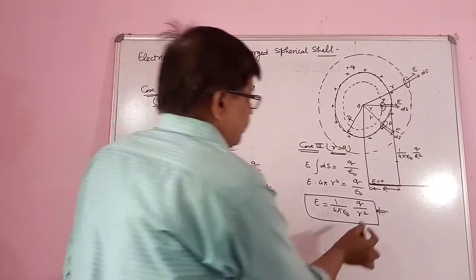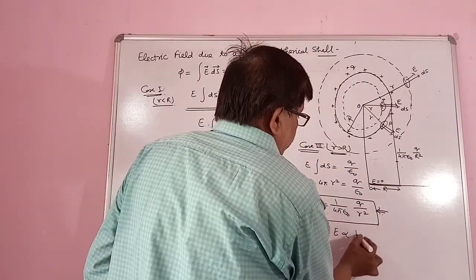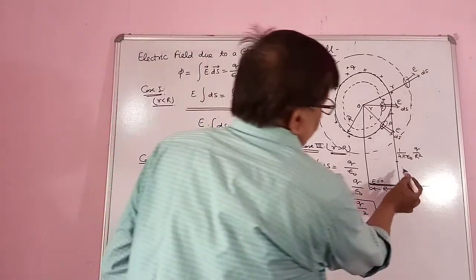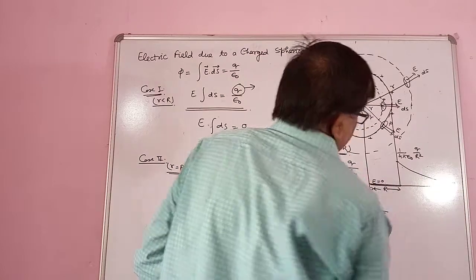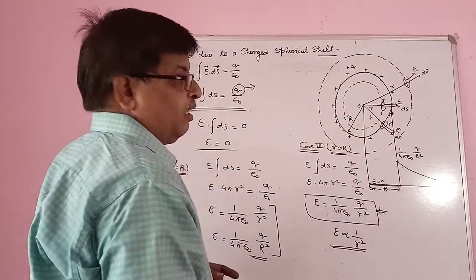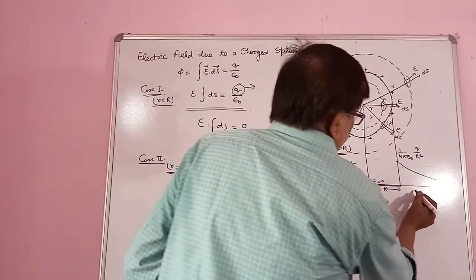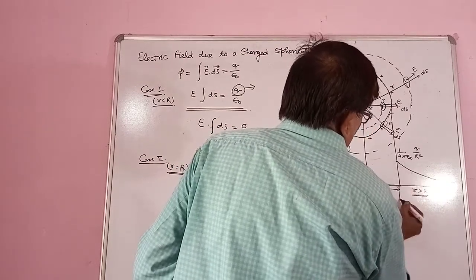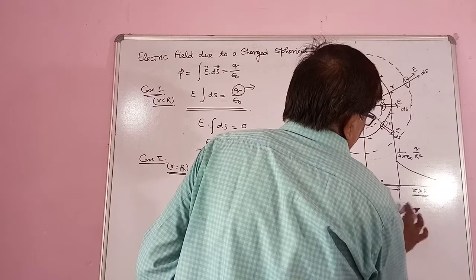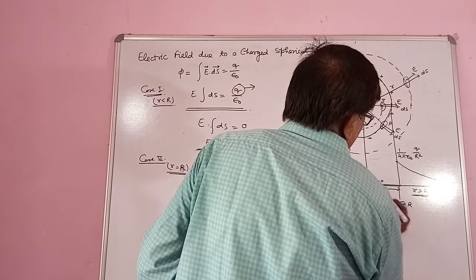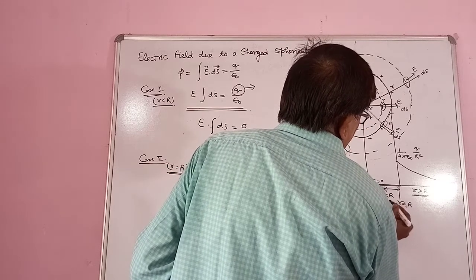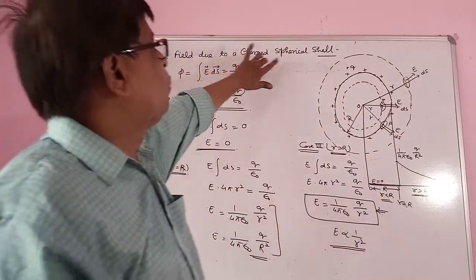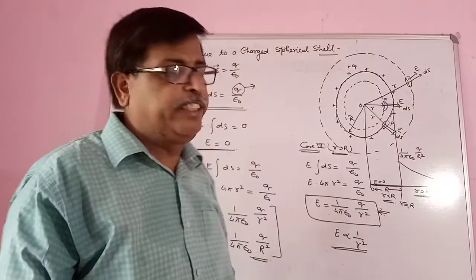And after this, E is proportional to 1 over r square, means it falls parabolically, like this. So this is for r greater than R, this is for r equal to R, and this is for r less than R. So this is our electric field due to a charged spherical shell.